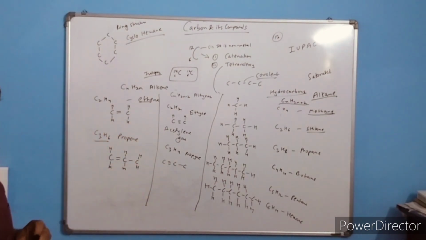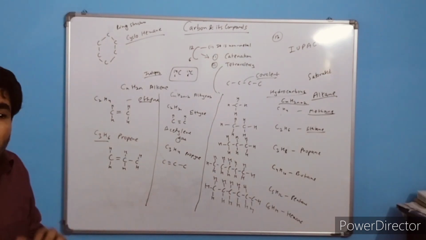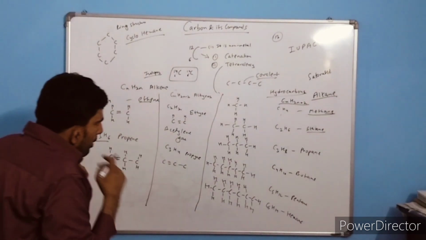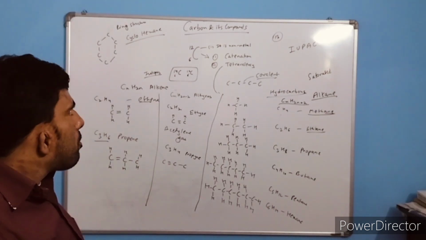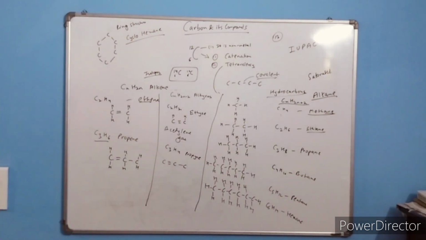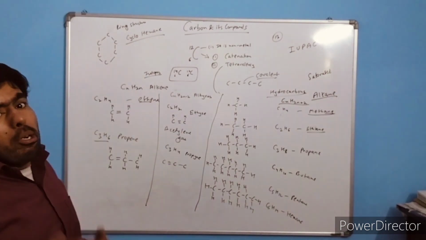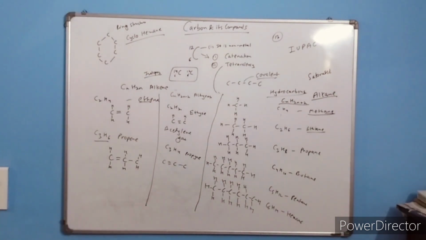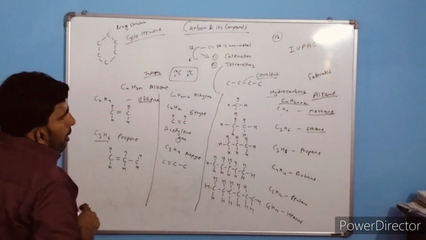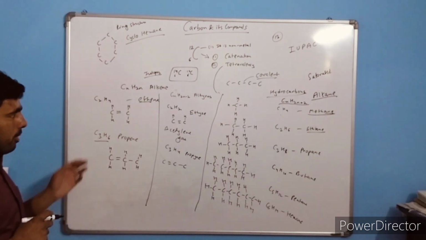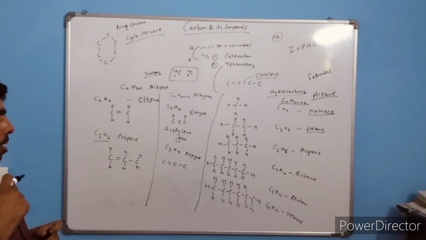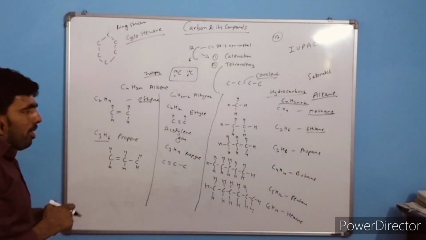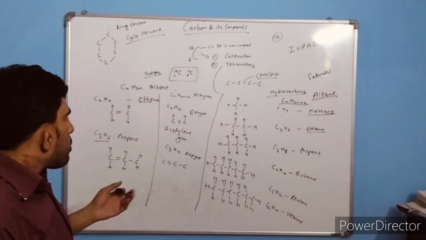Clearly see these structures. They are very, very important, because they will not only help you in this class, 10th class, but they will help you in future also. Because in 11th also, this structure will be there, but in advanced form, in more detail, with big structures. We'll discuss later on, but right now, focus on this.